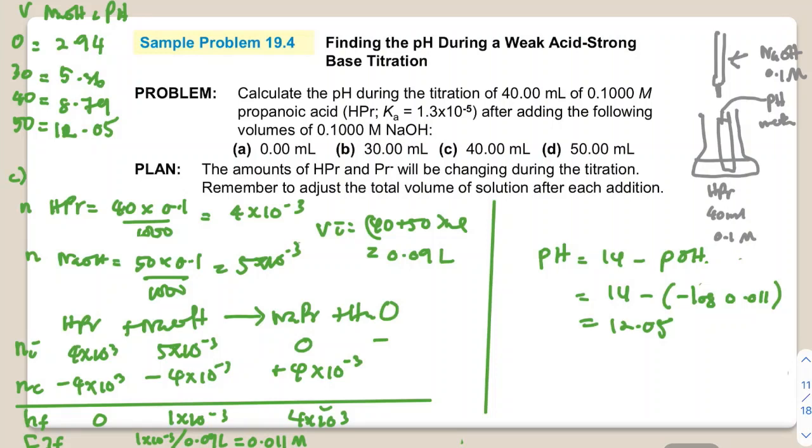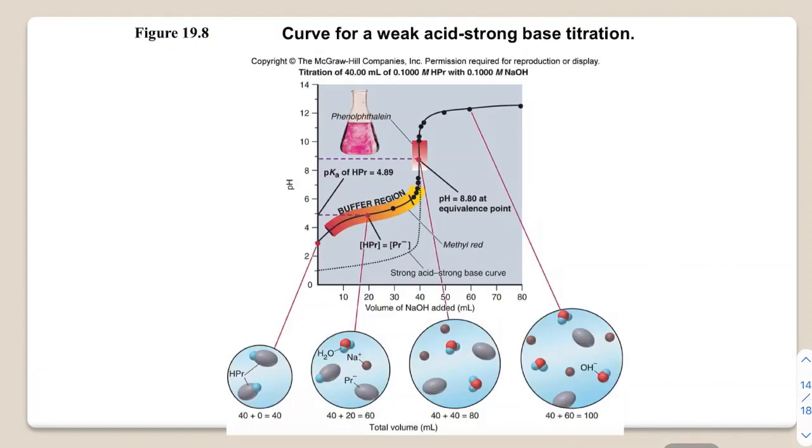From this pH that we have measured, we can construct the titration curve of the reaction of this weak acid strong base. So it is like this.